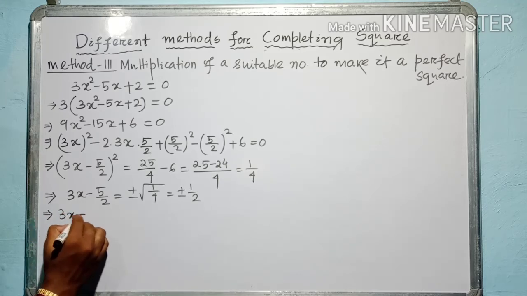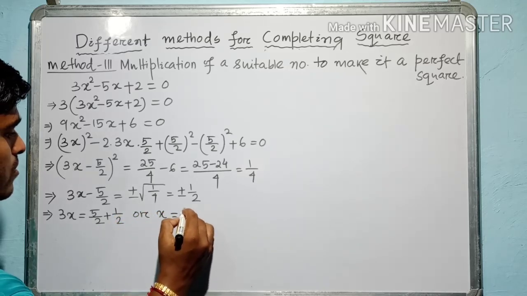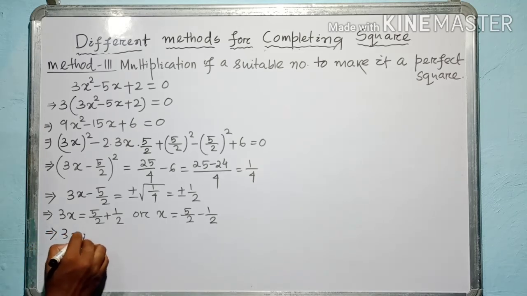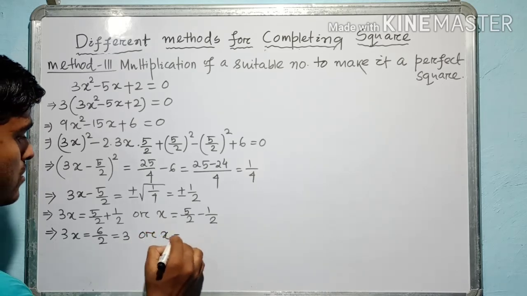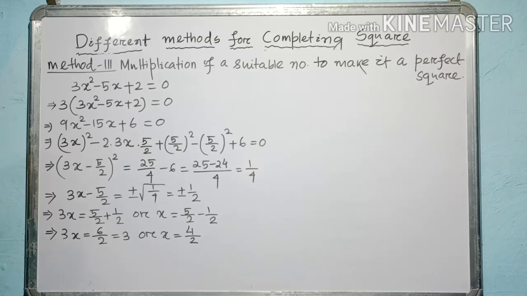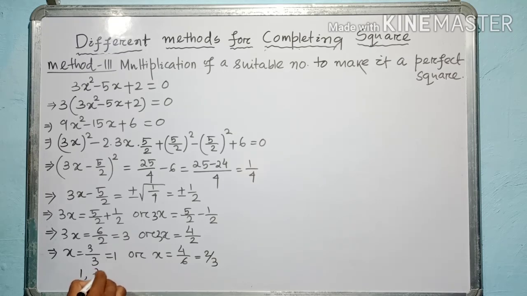This implies that 3x is equal to 5 by 2 plus 1 by 2, or 3x is equal to 5 by 2 minus 1 by 2, so x is equal to 3 by 3, that is 1, or x is equal to 4 by 6. So the two solutions are 1 and 2 by 3.